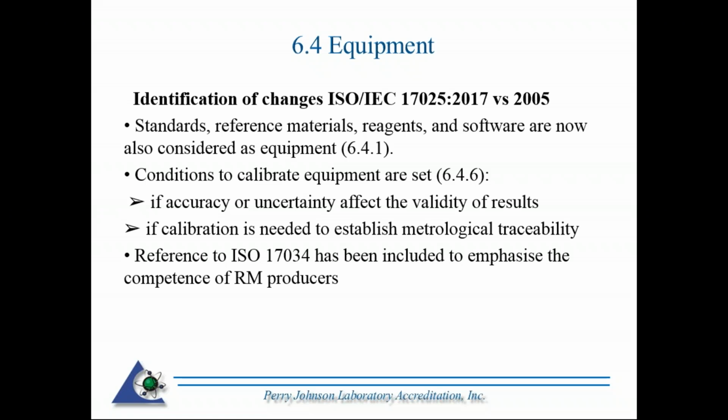And we'll see conditions which are needed to calibrate equipment are set, which would include if it impacts the accuracy or uncertainty, and if the measurements need to be traceable. And reference to 17034, which is for reference material producers, has been added to emphasize that standard as criteria set forth for competence for reference material producers.